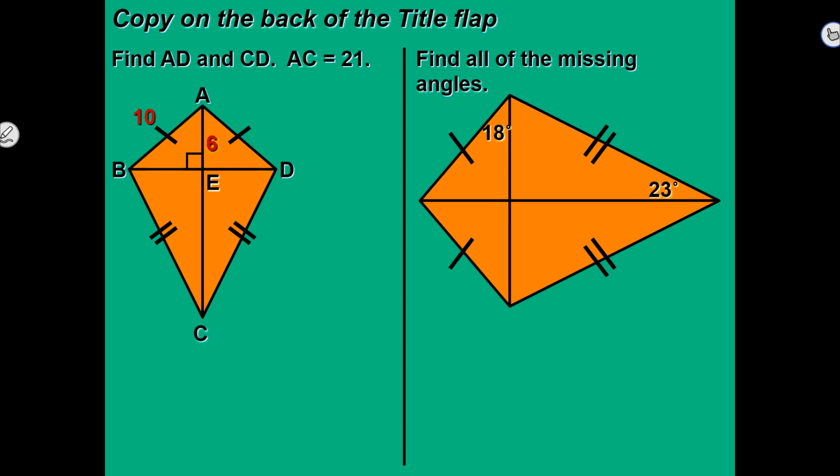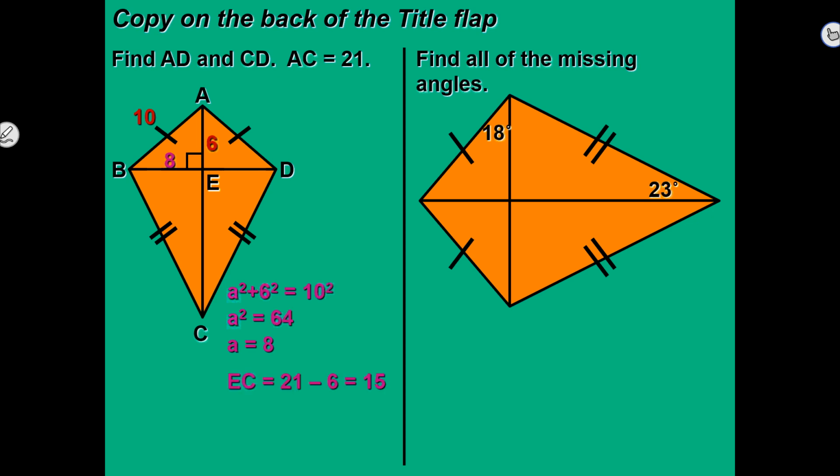Okay, so like you guys said, we could do Pythagorean theorem to find BE. So we're going to end up with BE must be how long? 8. Good. All right, and because we said E was the midpoint of that line, if BE is 8, what is DE? Also 8, okay?